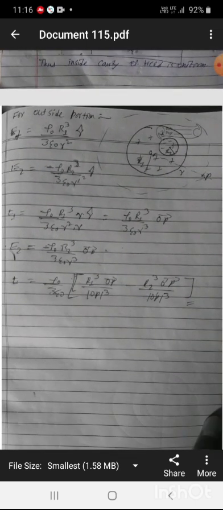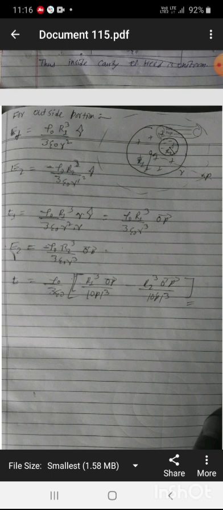For the outside portion, we know the electric field outside is given by, we have that also calculated. So it comes out to be rho naught R cube by 3 epsilon naught r square into r cap. So here we will draw a Gaussian surface of radius r.